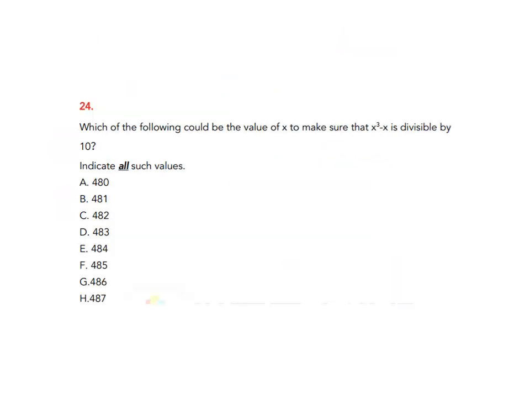Next question. Which of the following could be the value of x to make sure that x cubed minus x is divisible by 10? Okay, so which number is divisible by 10? A number will be divisible by 10 only if the unit digit of that number is 0.